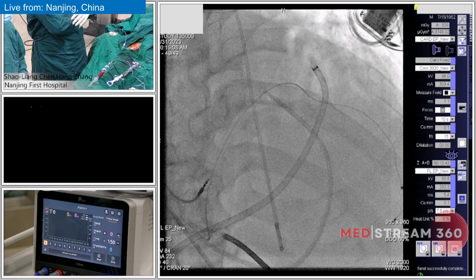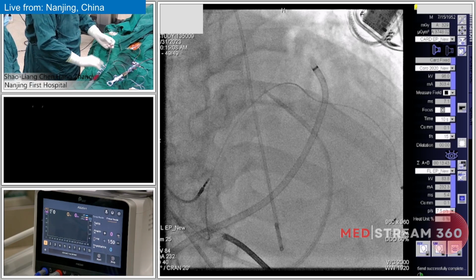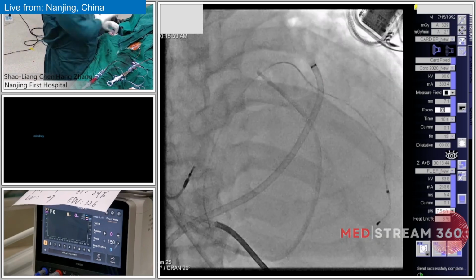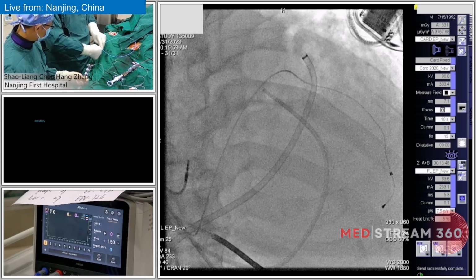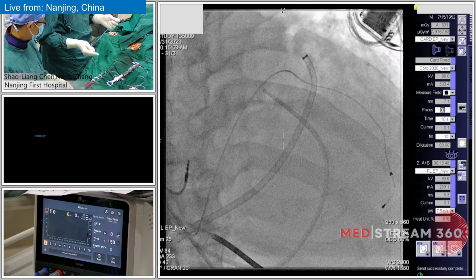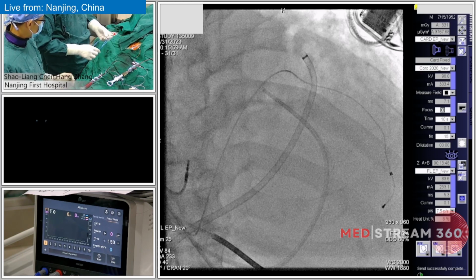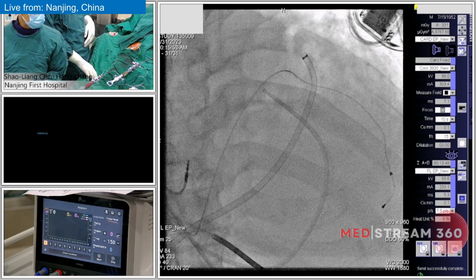How much is the CO? 4.3. How much is the PVR? 6.28. Okay. So now we have finished the measurement of the hemodynamics. Mean pulmonary arterial pressure is 47.